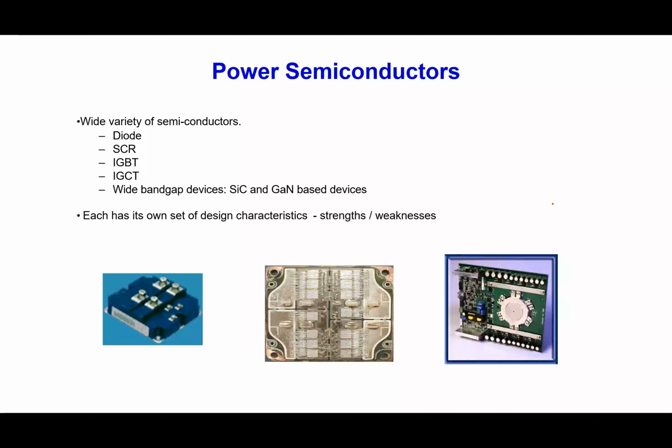These days, there is a lot of emphasis on silicon carbide and gallium nitride devices. These devices can operate at high frequency and high temperature. So you can switch at very high frequencies. For example, gallium nitride, you can switch even at a gigahertz. Or, yeah, megahertz, I would say. Several megahertz.